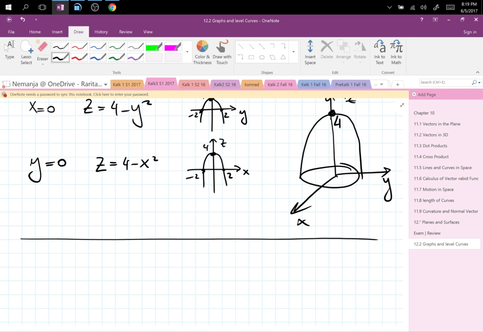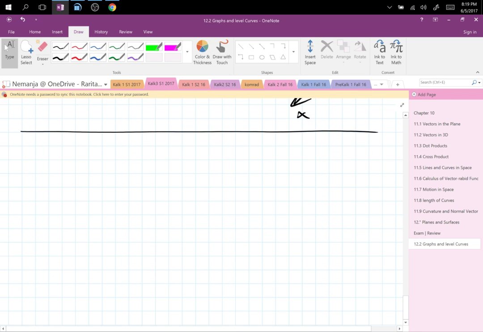Let's try to somehow figure out and visualize this. z is equal to e to the minus y. So think about it a little bit.